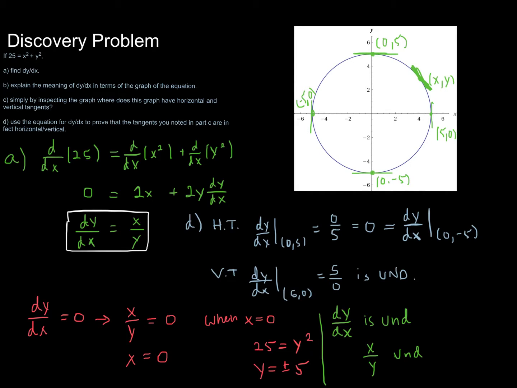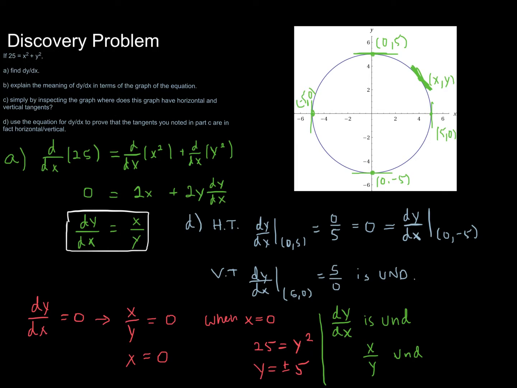Okay, well, now I know that y has to be equal to 0, but how do I know the corresponding x value? Well, if I know that y is equal to 0, I can plug that into my original equation and solve for my x value, which will be either positive or -5, just as we got here for the y value. So the points at which my derivative will be undefined are where we have an x value of positive or -5 and a y value of 0.